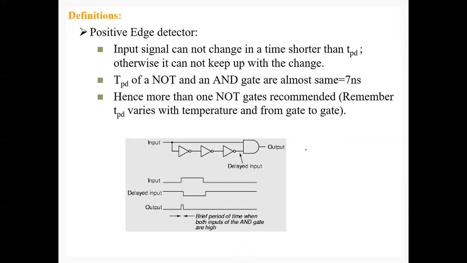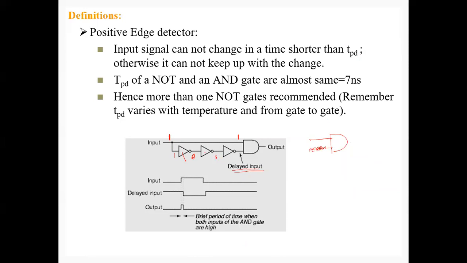So what I'm saying is, you can delay the input by using more gates in the circuit. If you want a delayed input, then instead of having two inputs like this, you can send, suppose this is your 1, then you get 1 here. If it goes through here, this 1 becomes 0. This 0 becomes 1.